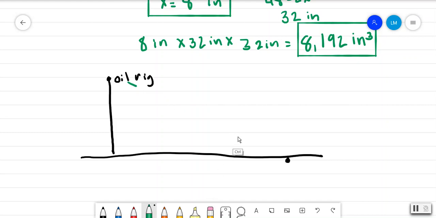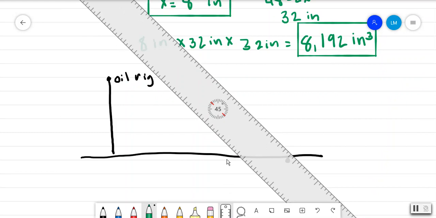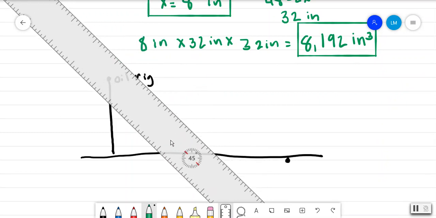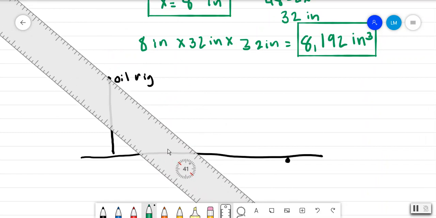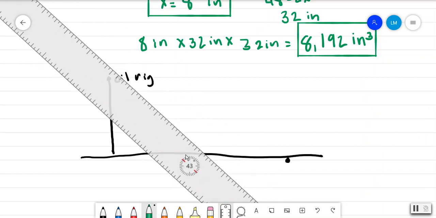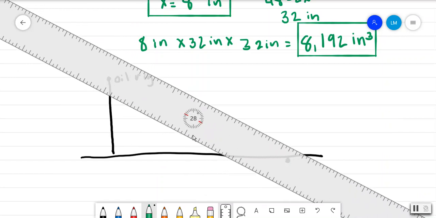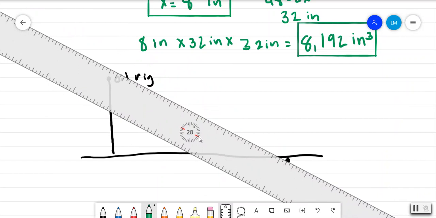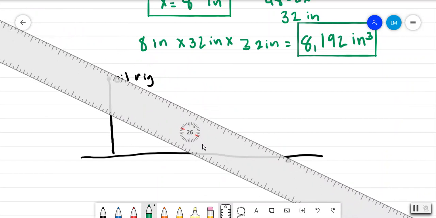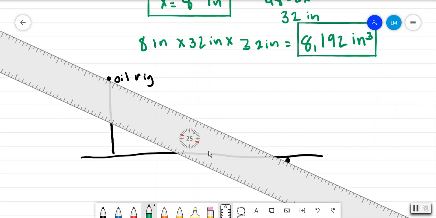Actually, let me go ahead and use my trusty ruler. Okay, so we just want to get from here to here. It's a little off, but that's okay.